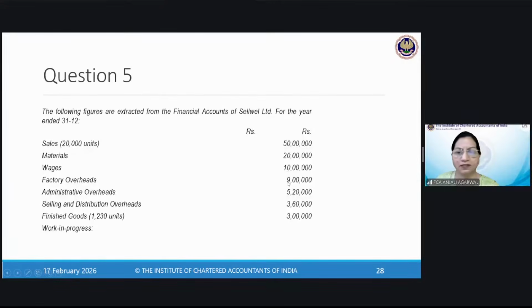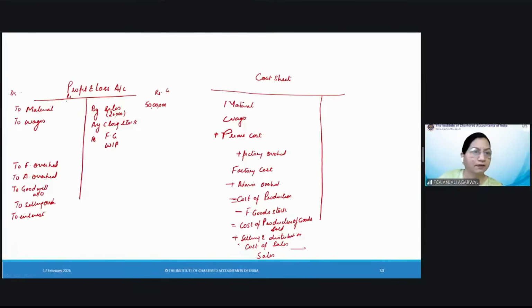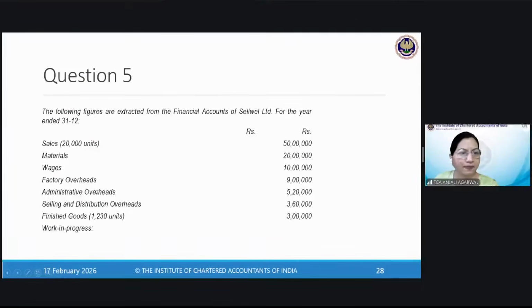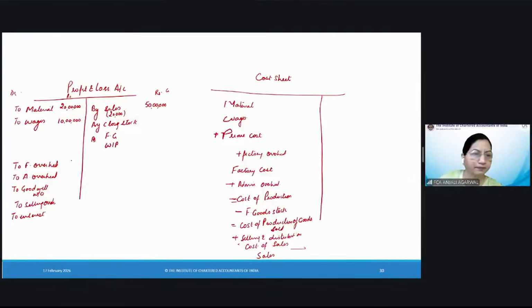Wages, 10 lakhs. Factory overheads, 9 lakh, administration overheads 5 lakh 20,000, and selling overheads 3 lakh 60,000.